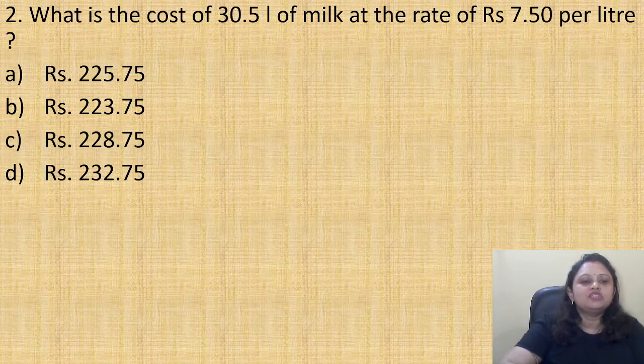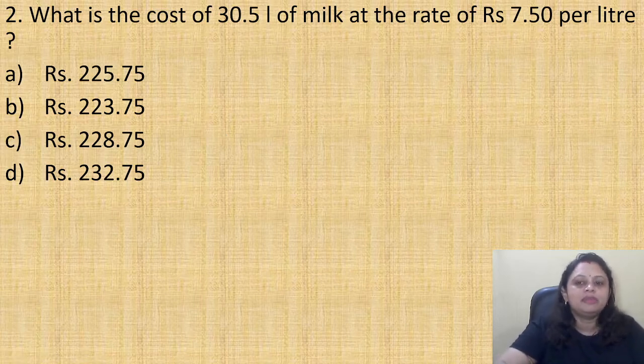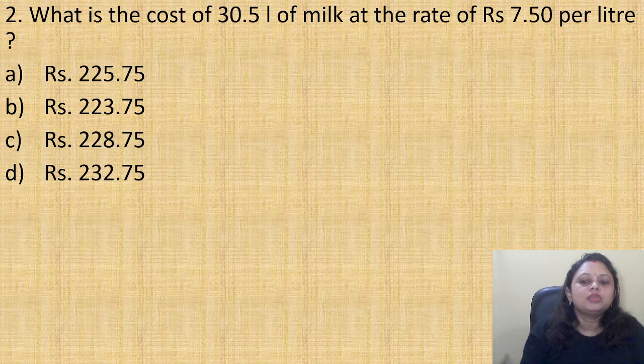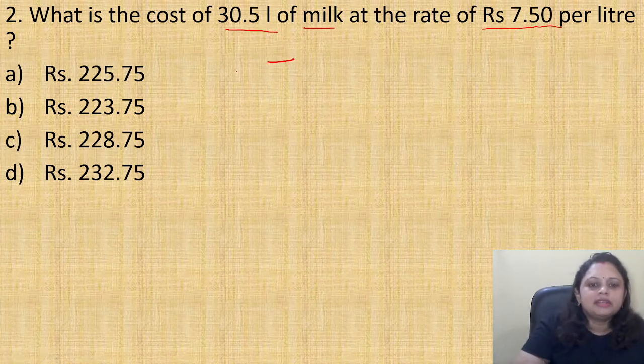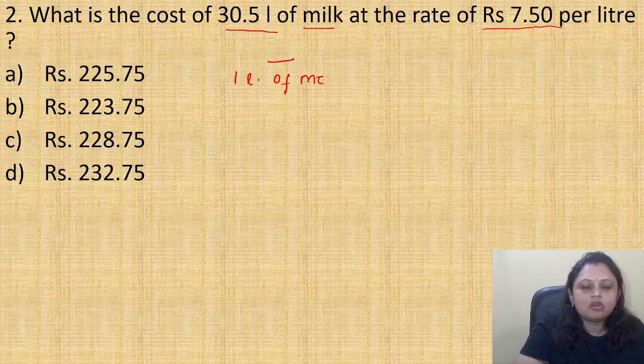So in the question it is given, what is the cost of 30.5 liter of milk at the rate of 7.50 rupees. That means cost of 1 liter of milk is equal to 7 rupees 50 paisa.